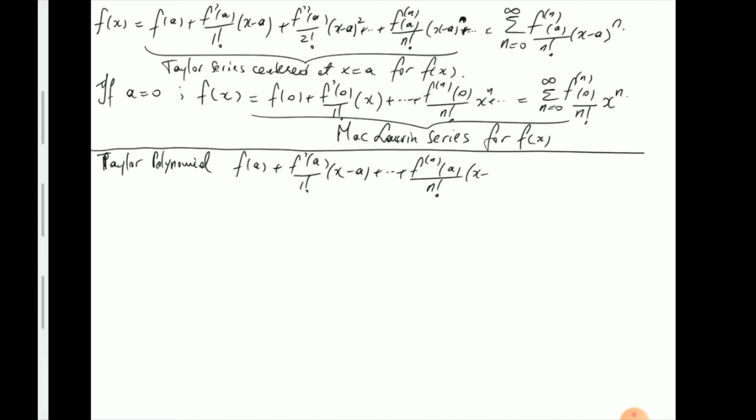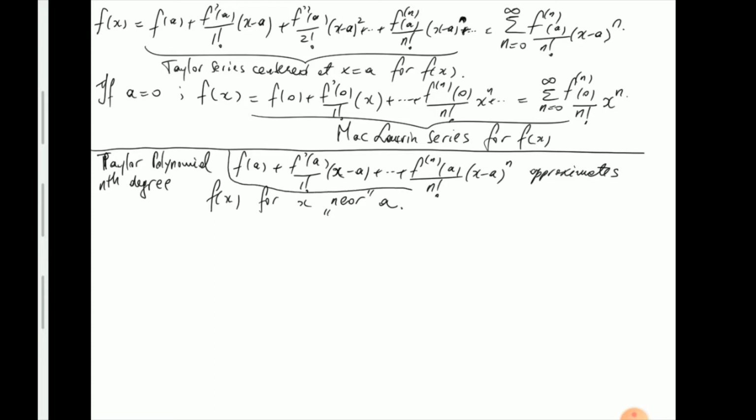So this will be the nth degree Taylor polynomial. And this polynomial will approximate the function, f of x, for x near the center of the series, near a. I'll show you with some examples on Maple how you can approximate the original function f of x with these Taylor polynomials.